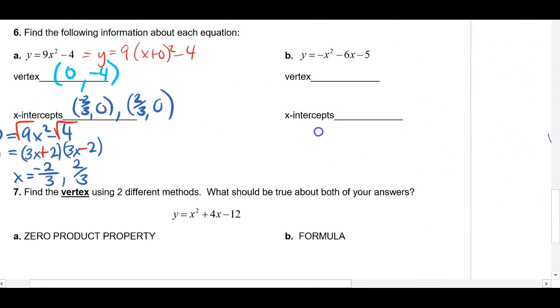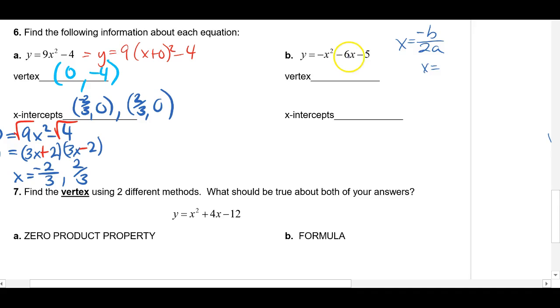All right. Okay, so now here, the vertex is not as obvious, but what I can do is use this little formula, x equals negative b over 2a. You guys remember that? The x value for the vertex is going to be negative b.